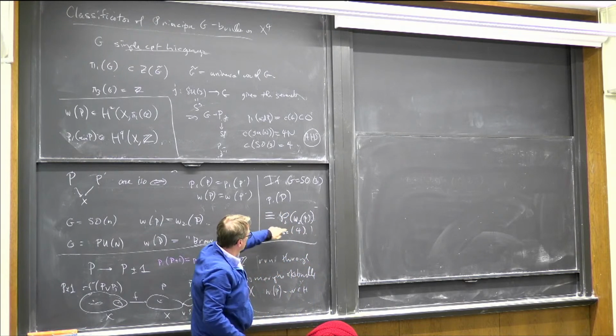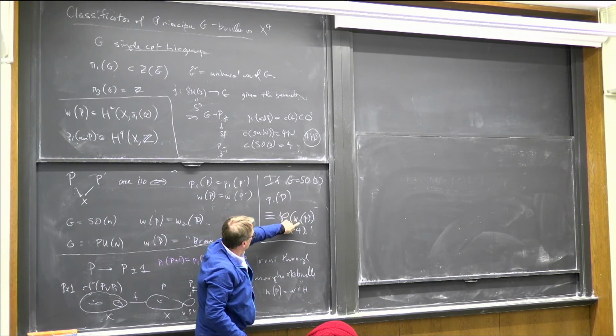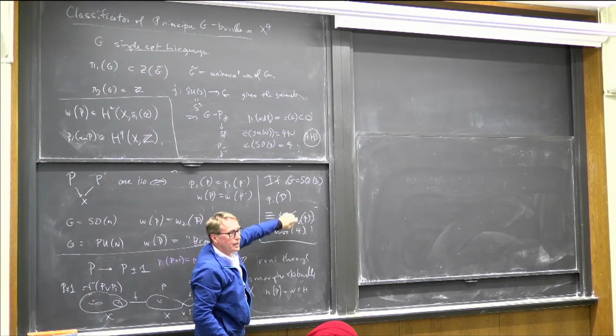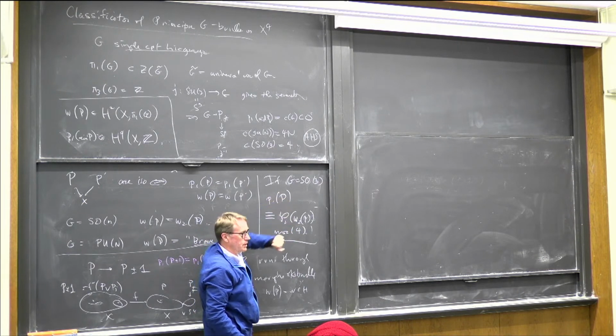So if you have a class in H2 with Z2 coefficients of a 4 manifold, it actually has a well-defined square mod 4, and P1 has to be equal to that.